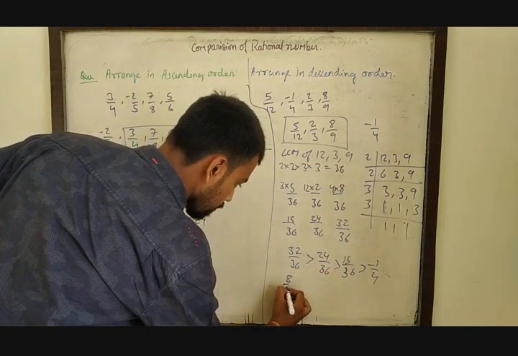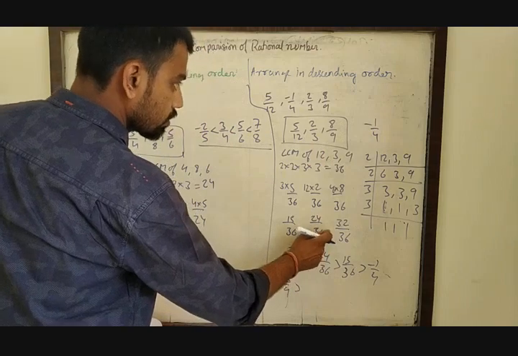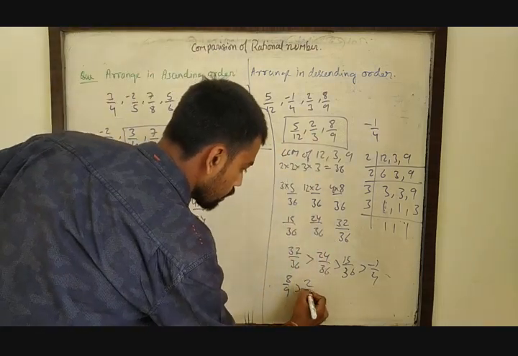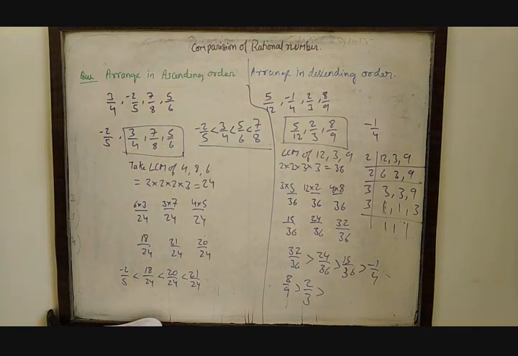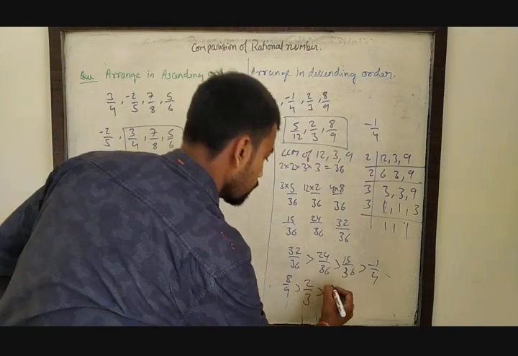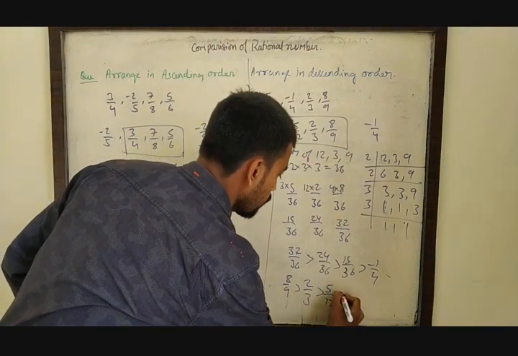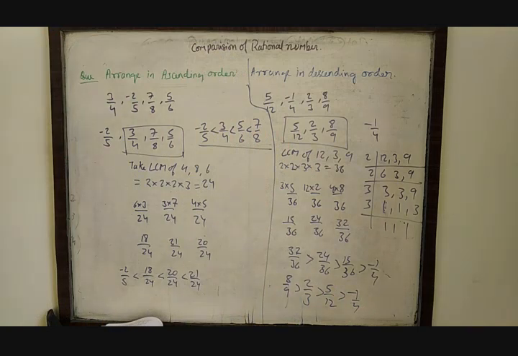So 8 by 9 is greater than 24 by 36, which is 2 by 3, which is greater than 15 by 36, which is 5 by 12, which is greater than minus 1 by 4. So this will be the answer.